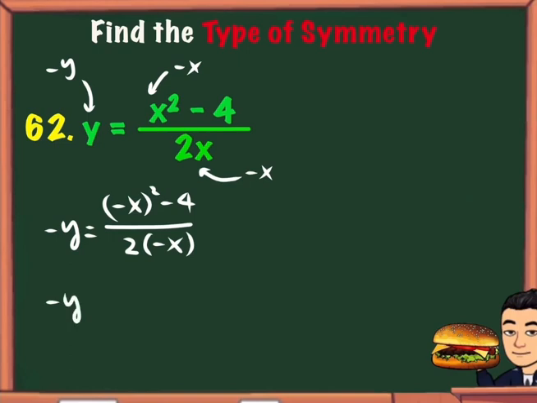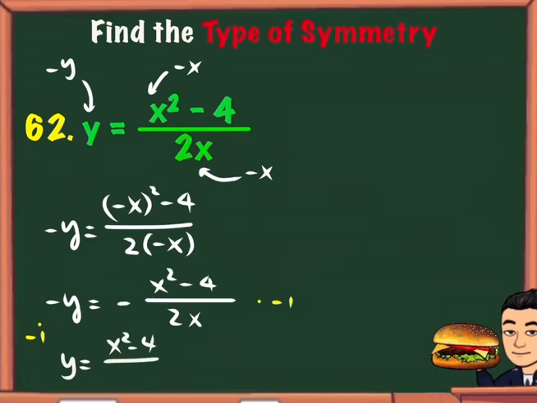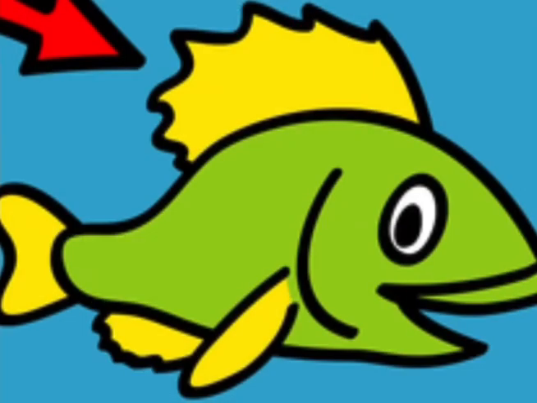So negative y equals x squared minus 4 over negative 2x. Let's go ahead and multiply by negative 1 on both sides. And y is going to equal x squared minus 4 over 2x. Since this is the same as the original equation, this is symmetric about the origin.